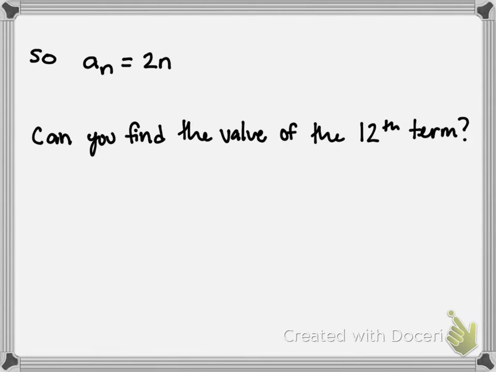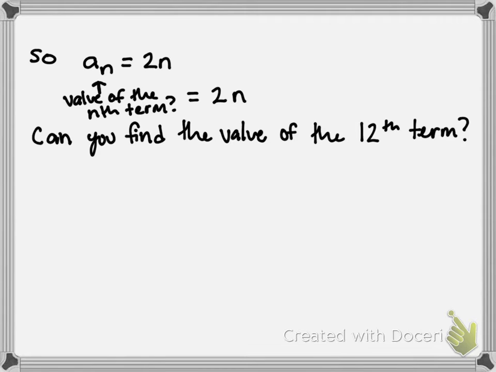All right, so we've seen these before. This is not a recursive rule, right? We're going to come up to those in just a second. So this is asking you, can you find the value of the nth term? All right, the value of the nth term is equal to 2 times whatever that term number is.